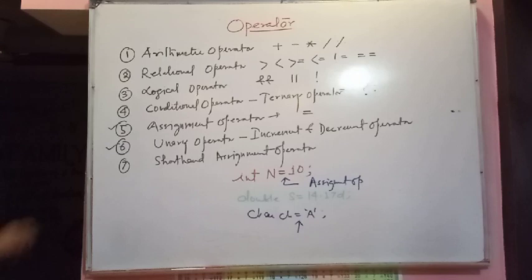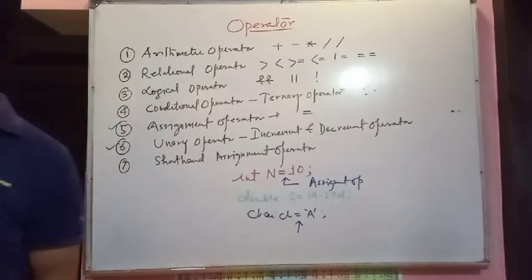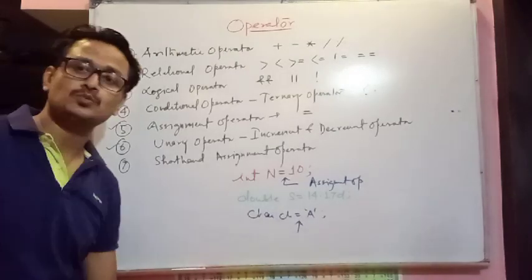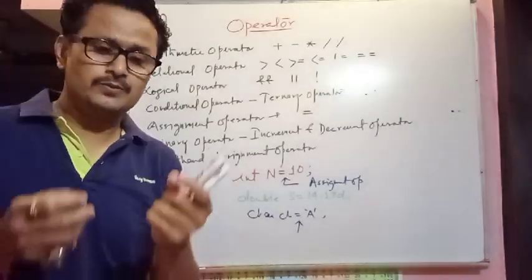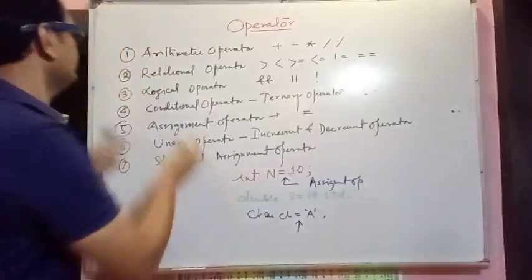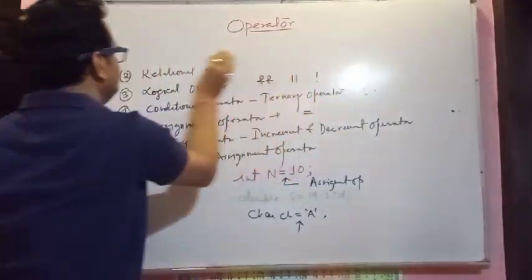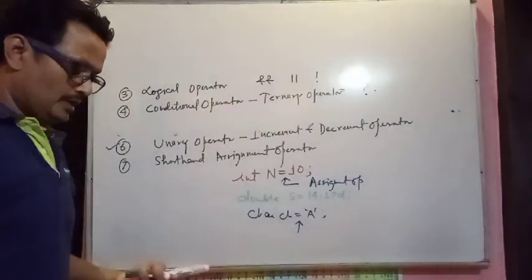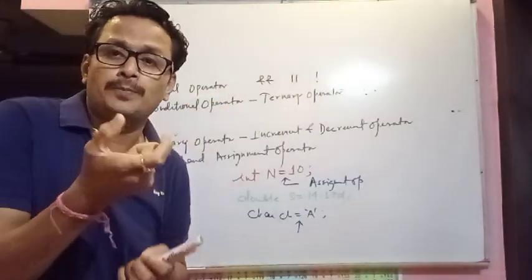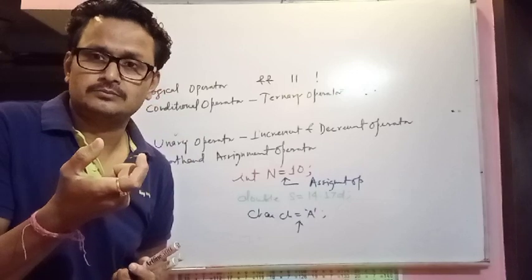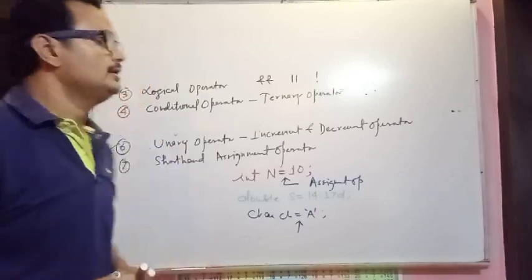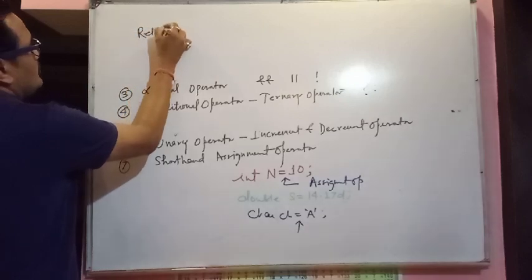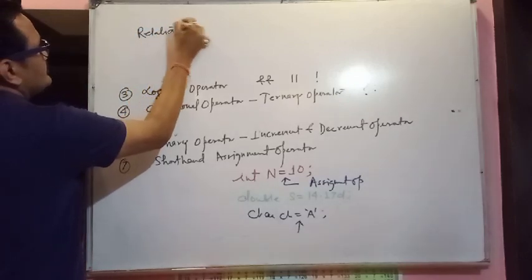Now number 2, the relational operator. Relational operator means it will check a condition, in two operands, maybe variables, maybe operands.